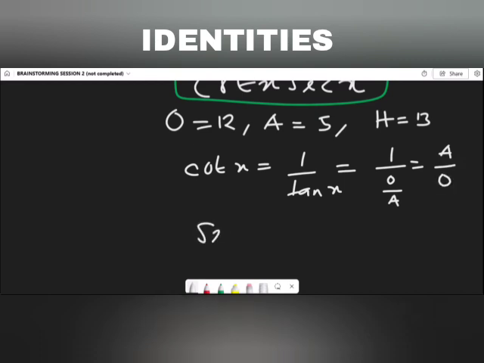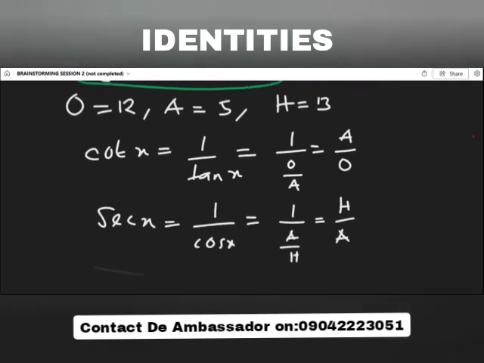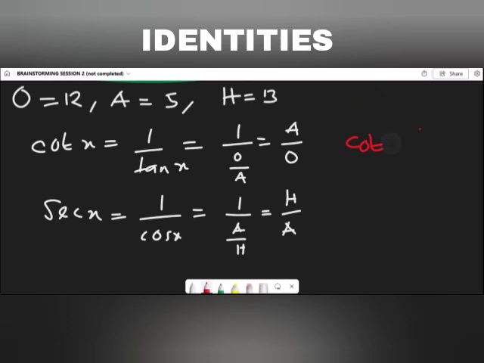Likewise, sec x is the inverse of cos x. Our cos is known as car, and that's adjacent over hypotenuse. When I try to find the inverse of that, I'm going to have hypotenuse over adjacent. So we have to find cos x multiplied by sec x.